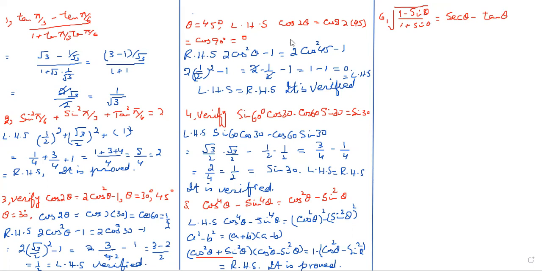Okay, so just go. Picking left hand side. So left hand side is 1 minus sine theta over 1 plus sine theta.